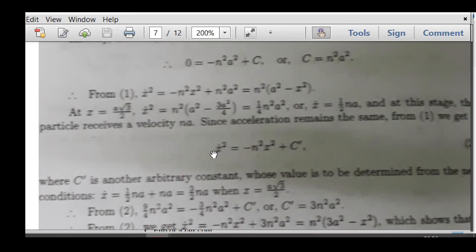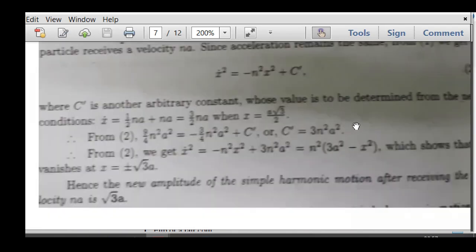From the first half of the equation of motion, x dot is this thing. As it is getting an extra velocity, the equation of motion is changing, but as the acceleration is not changing, you get this x dot only. But x dot at this specific point x equals this is half na plus na because of the problem given. Once you put x and x dot here, you get c dash, so c dash is calculated in this quantity.